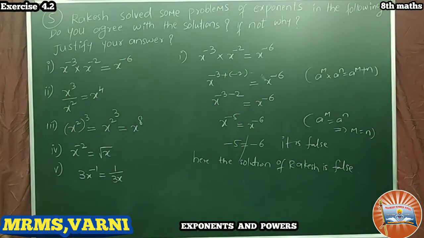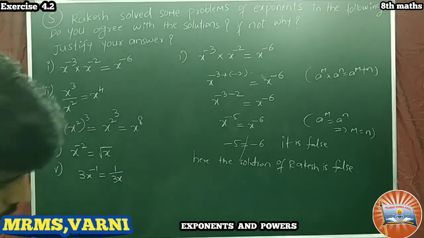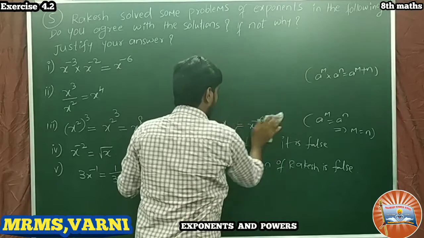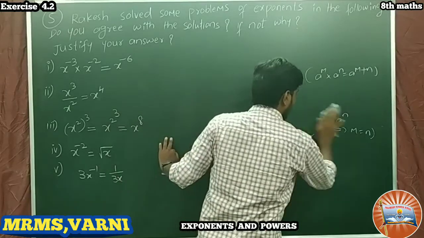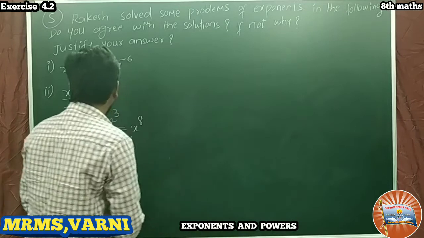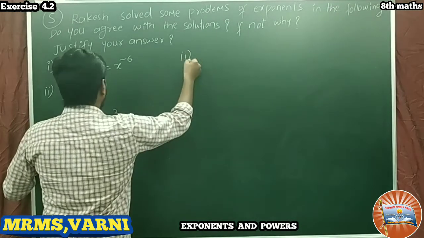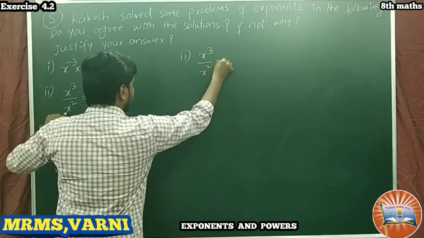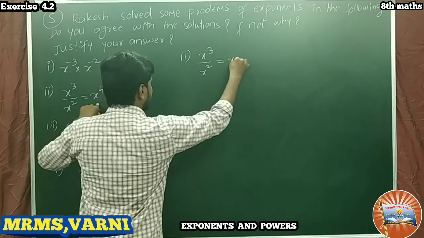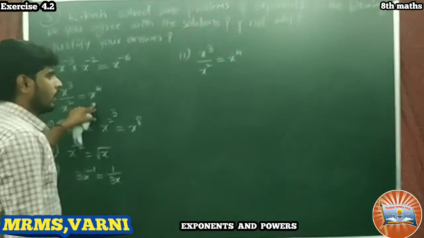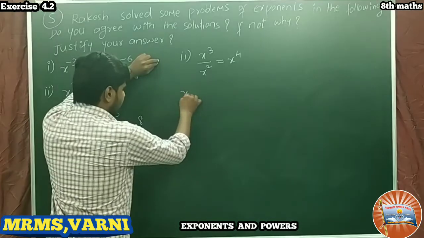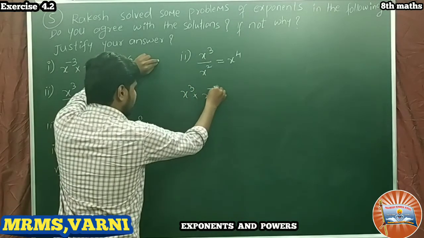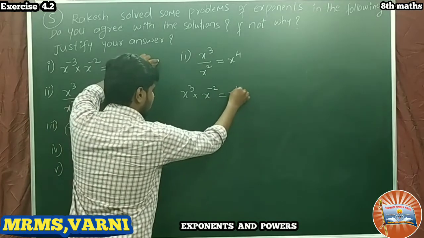This is the first one. Right, next go for the second. What is the question? x power 3 by x power 2 is equal to x power 4. Here x power 3 into this goes to the numerator, what becomes? x power minus 8 is equal to x power 4.